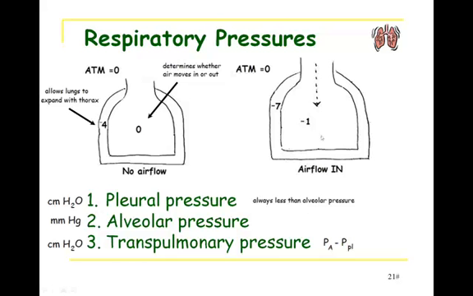I should have drawn this picture a little differently, with the air space a little bit bigger, because that's why the pressure dropped: we increased the volume of the thoracic cavity. So if this pressure is less than atmospheric pressure, air will move in. If it's greater, air will move out. So the alveolar pressure will always determine whether air goes in or out of your lungs.